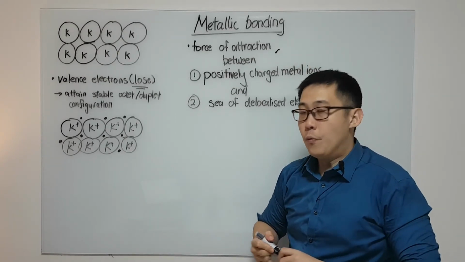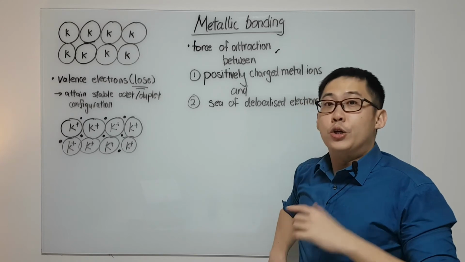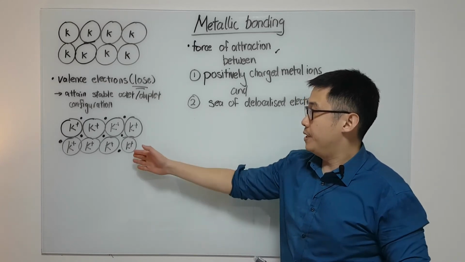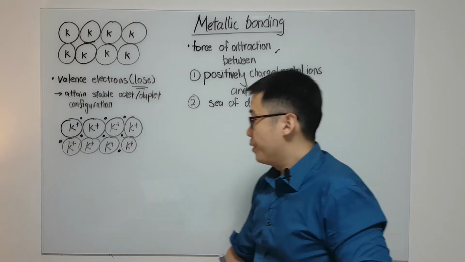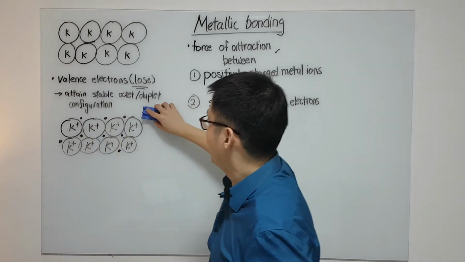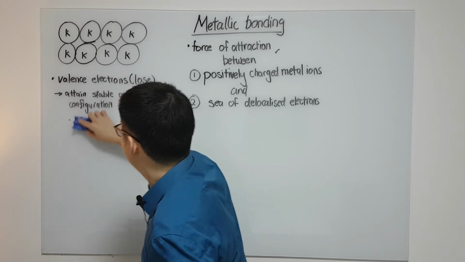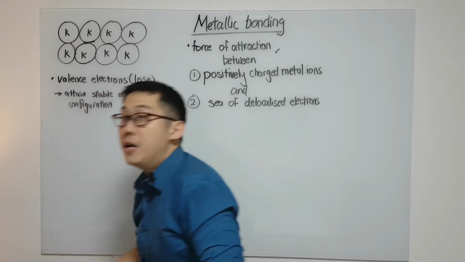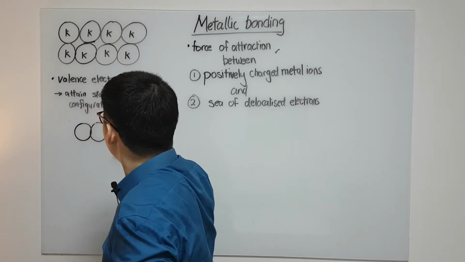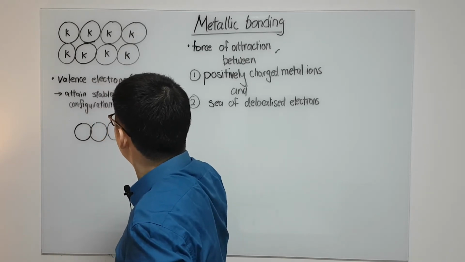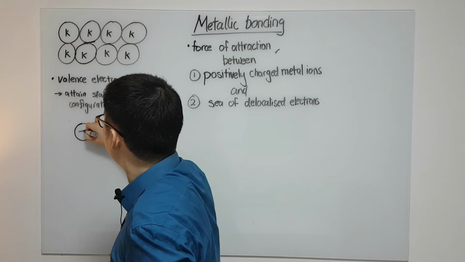Now, if you are asked to draw this structure, usually you do not have to draw like what I do. Rather, you can just do something like this. Very importantly, students, you need to draw circles and put a plus inside.